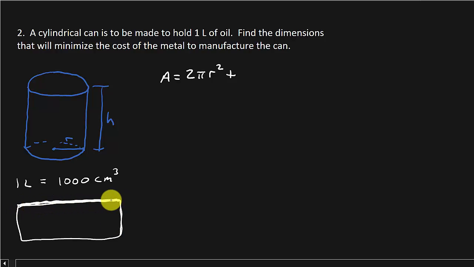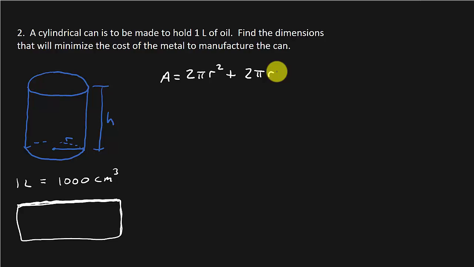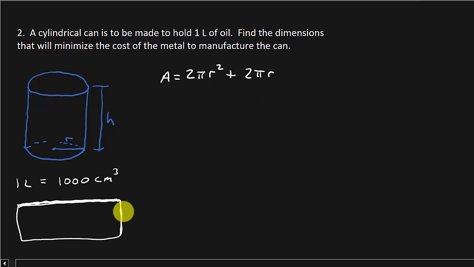It's the circumference of the circle. And the circumference of that circle is 2 pi r, or pi times the diameter, where the 2r is just doubling the radius for the diameter. And then this distance here is the height, so times h. All right, so there's our function right there.